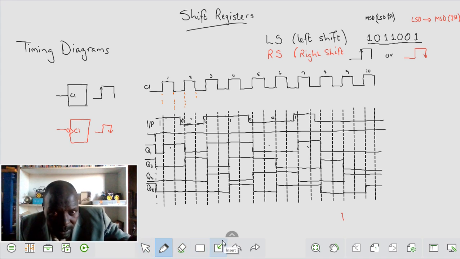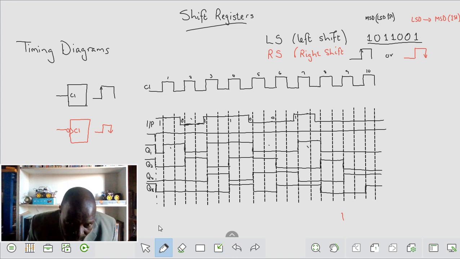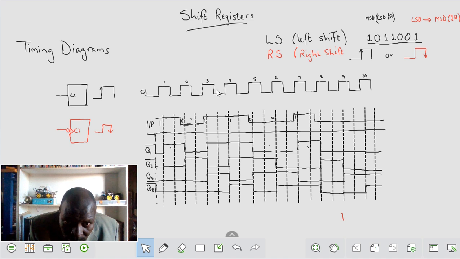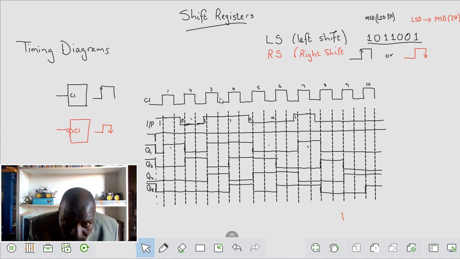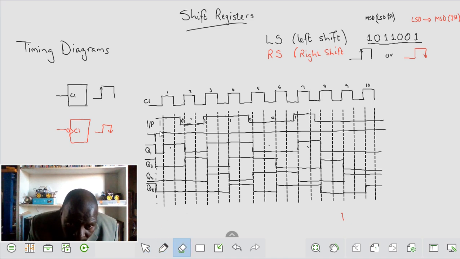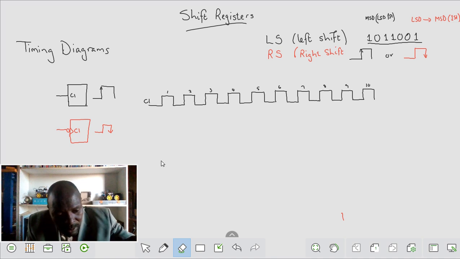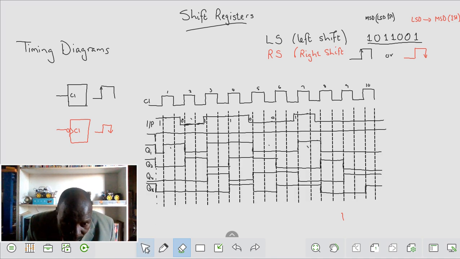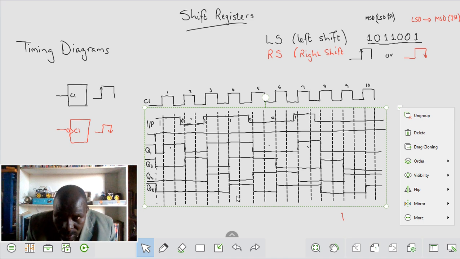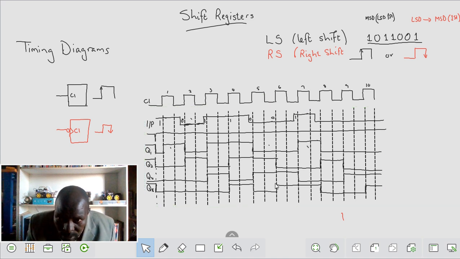Let me ungroup, and hope nothing else is grouped.